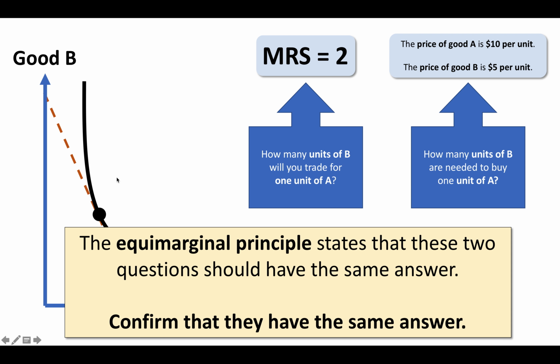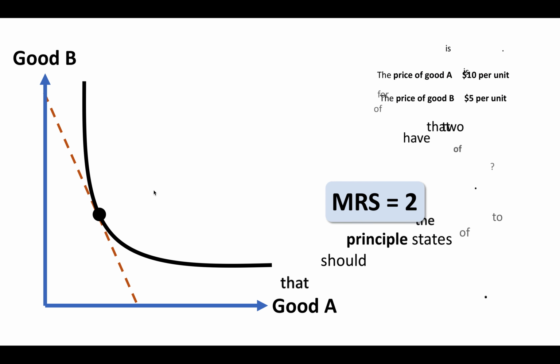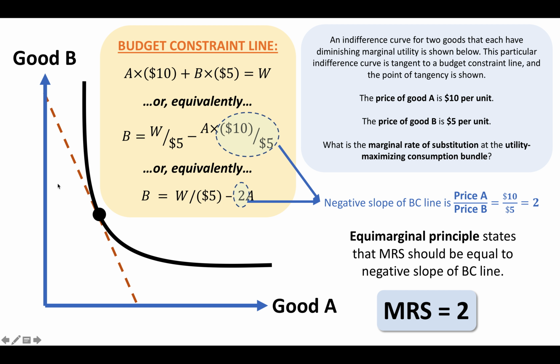Now, you might say, okay, that's fine, but what does that mean? Well, let's consider what would happen if we were actually sitting on a bundle that was up here. Okay, so it's still on my budget constraint line, but if I think about it, the indifference curve that comes through here is going to be steeper, right? So the budget constraint line, I can't help the budget constraint line.